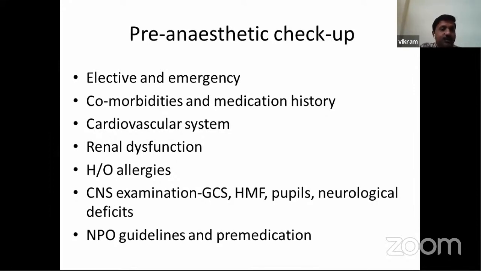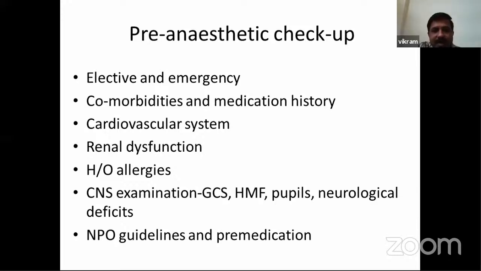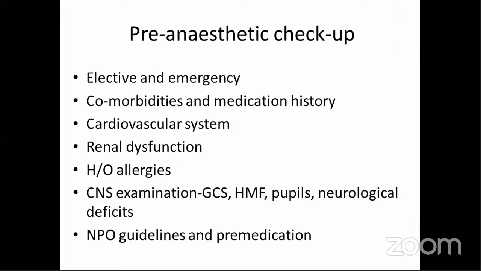A detailed history should be taken with regard to allergies, because some patients are prone to develop adverse reactions to the contrast used during these procedures. And of course, the CNS examination should include a complete baseline GCS, higher mental functions, and look for neurological deficits.